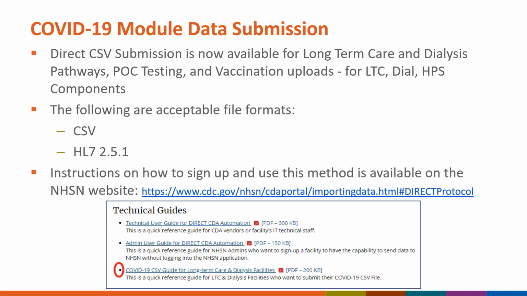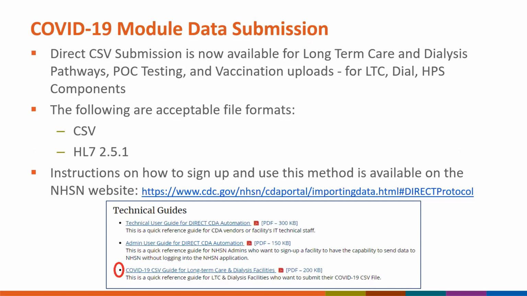Direct CSV submissions is now available for long-term care and dialysis pathways, POC testing, and vaccination uploads for long-term care, dialysis, and healthcare personnel safety components. The accepted file formats are either CSV or HL7 2.5.1.